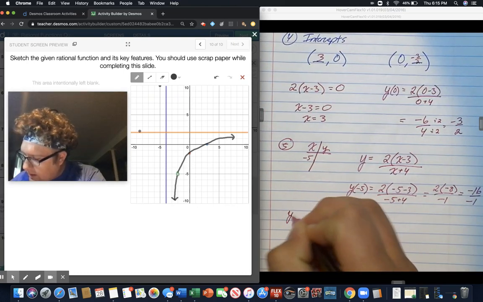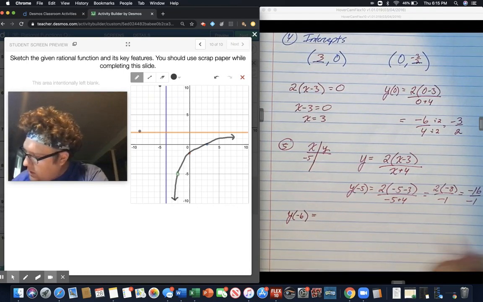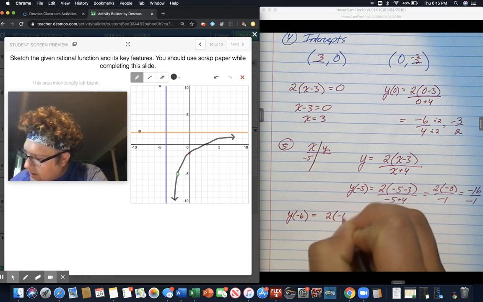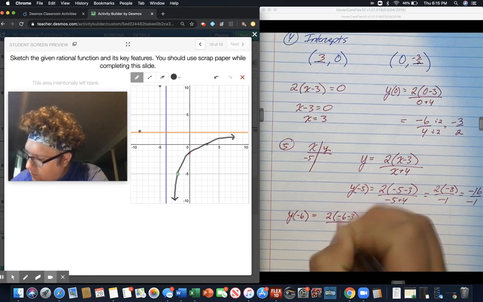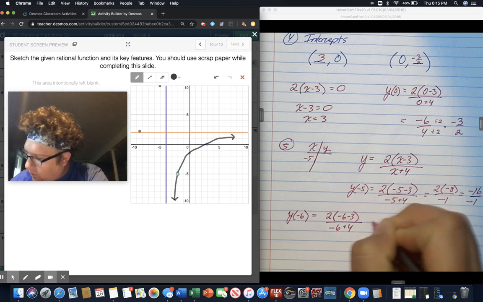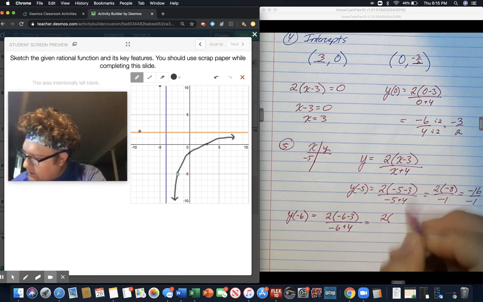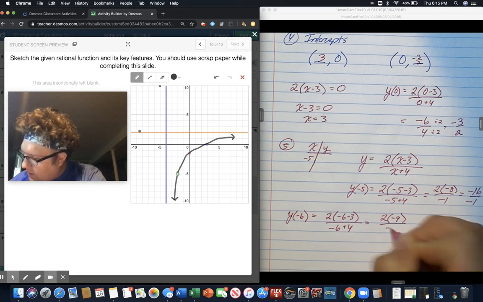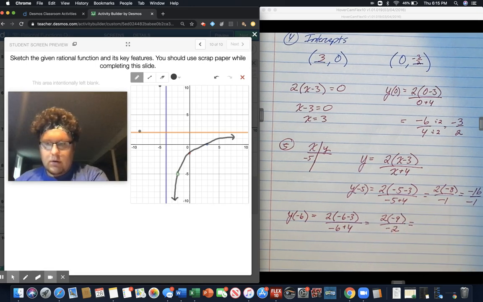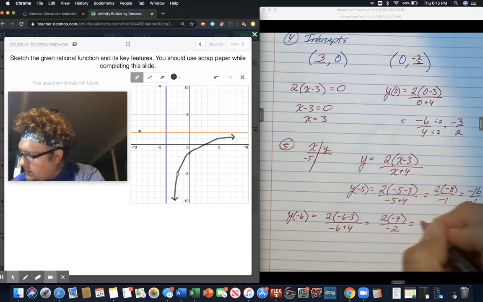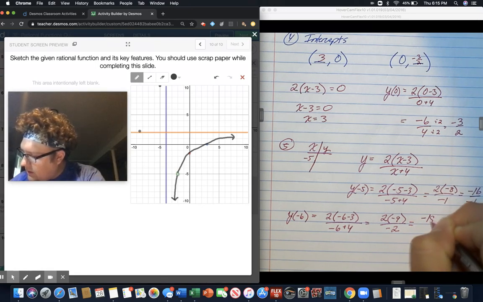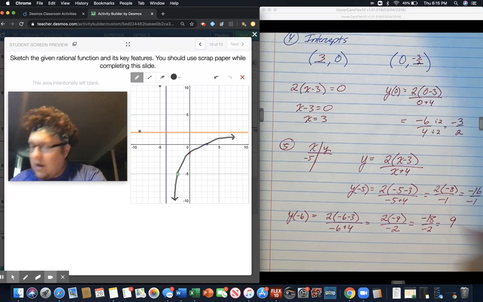So if I plug in -6 here, we're going to have 2 times -6 minus 3 over -6 plus 4. Okay, so here we have 2 times -9 divided by -2. All right, that is giving us -18 over -2 or just +9.